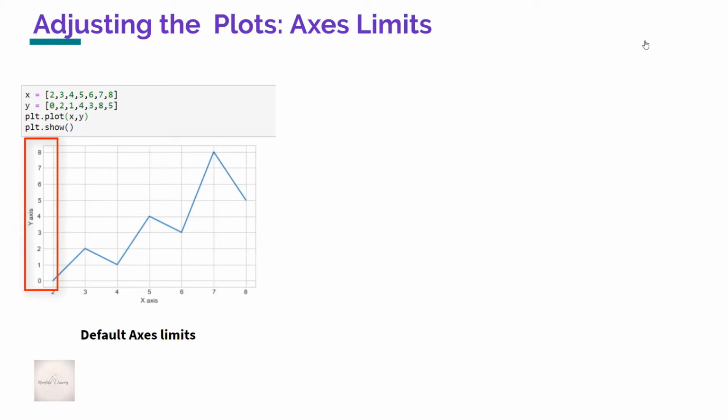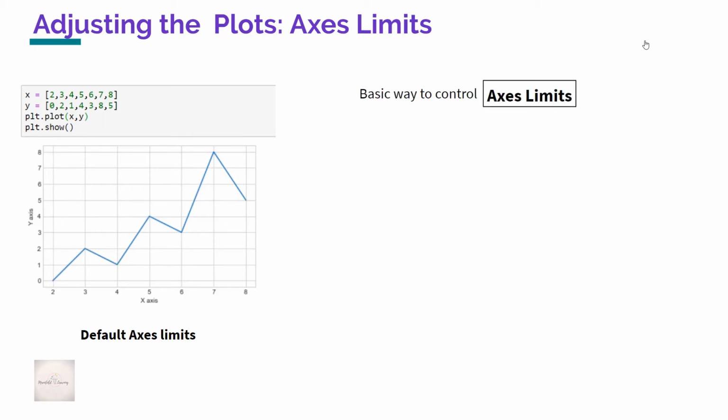But guys, sometimes it would be better to have finer control on the axis limits. So the most basic way to control the axis limits is by mentioning the limits for the x-axis and y-axis. The x-axis and y-axis are collectively called axes. By adjusting these, we can control the axis limits.